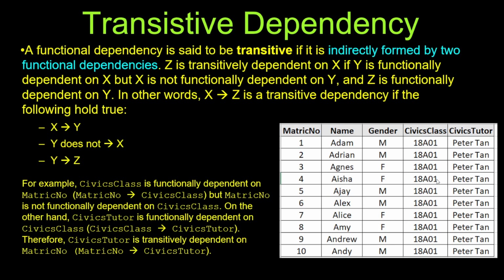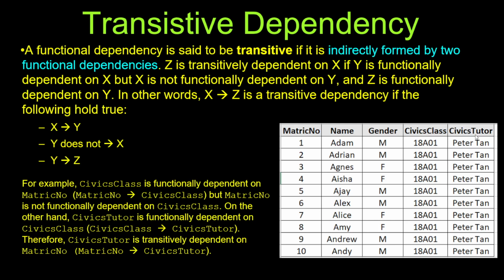In this case, a one-class example is not so good, but let's have a second class, let's say 18A02. Knowing the class is 18A02 does not tell me which metric number it is. In fact, even if there's only one class, if I give you one civics class, you will not be able to pick out the metric number of the student I'm referring to. So this is a one-way functional dependency: civics class is functionally dependent on metric number, but not the other way around.